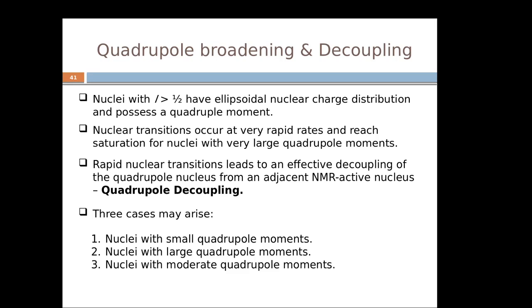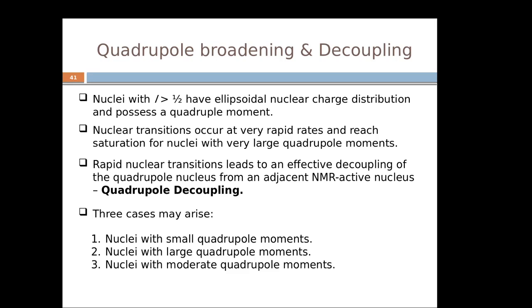So this saturation condition actually causes the adjacent proton nuclei to get confused, because the adjacent proton nucleus, when it tries to couple with the nitrogen nucleus, for example, cannot decide whether the nitrogen nucleus exists in the lower nuclear energy state or upper nuclear energy state.